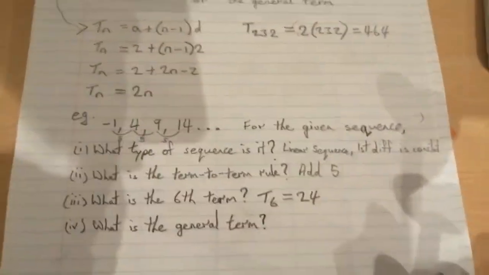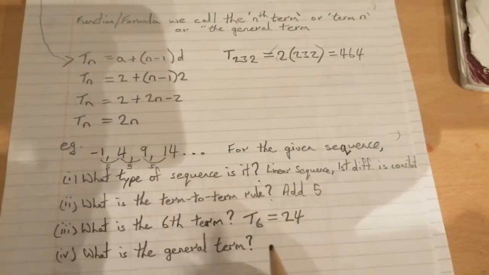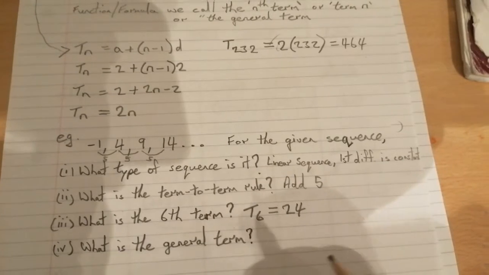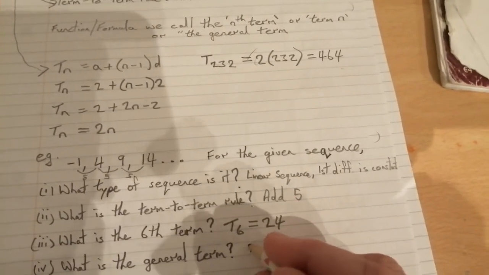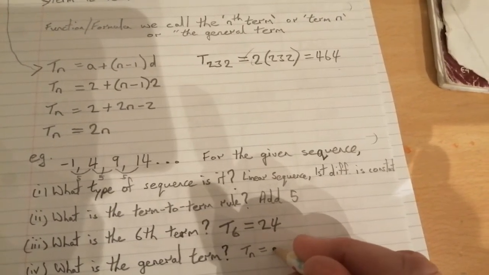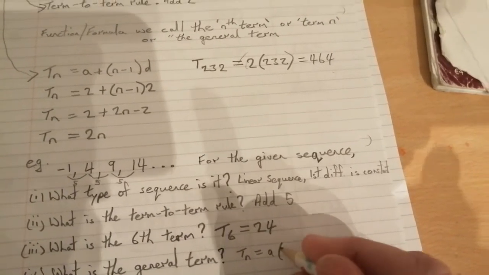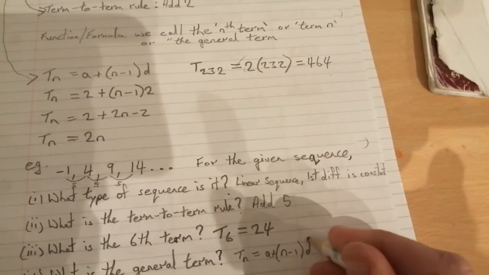Okay? And then second last, what's the general term? So the general term, remember, is a fancy name for the nth term or term n. So that's where we're using our formula. So we say the formula, first of all, term n is equal to, and it's in the log tables, a plus n minus 1 times d.